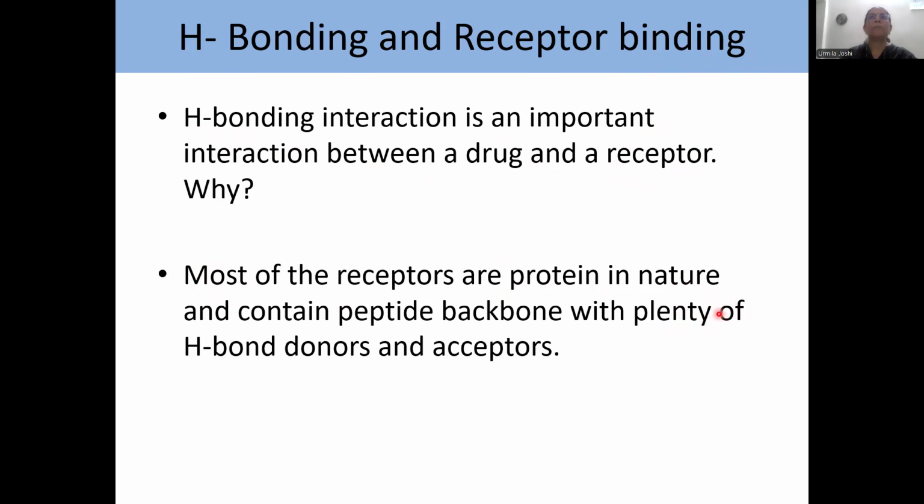The peptide backbone is CONH, where there are plenty of hydrogen bond donors and acceptors. If you take a protein as a whole, there are a lot of peptide bonds and therefore a lot of hydrogen bond donors and acceptors which are available to bind to their counterparts in the drug.